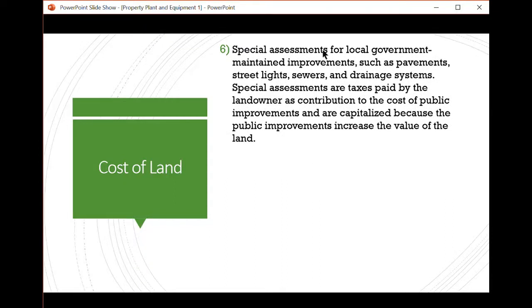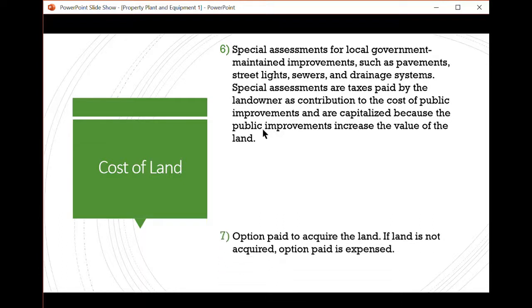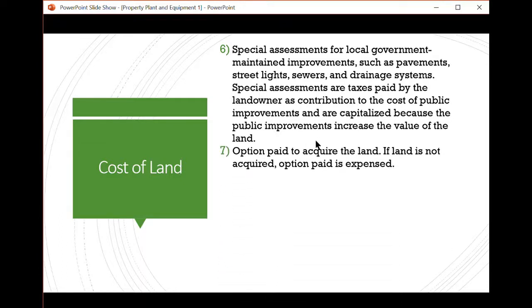Then you have special assessments for local government maintained improvements such as street lights, sewers, and drainage systems. These special assessments are taxes paid by the landowner as contribution to the cost of the public improvements, and these are capitalized. Again, these are added to land because the public improvements will increase the value of the land. Then you have option paid to acquire the land.